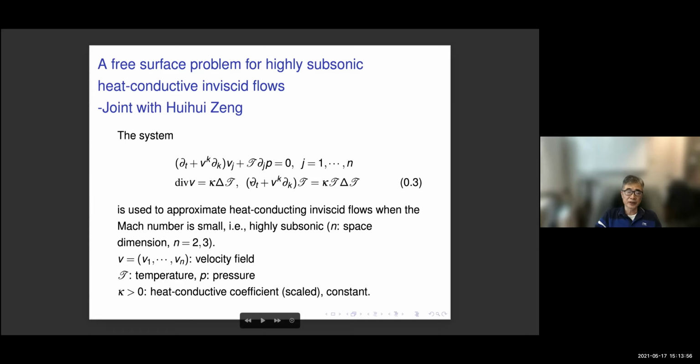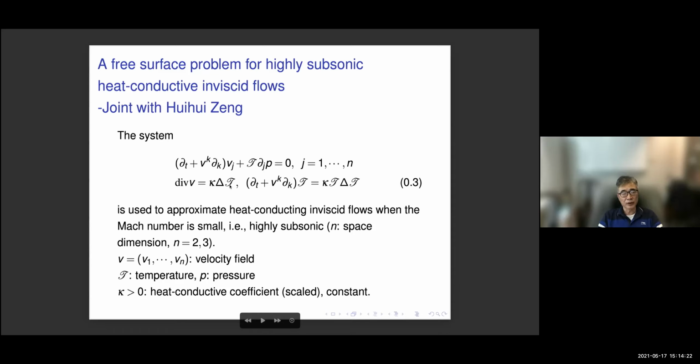Therefore, we look at this system here. If this kappa is 0, if the system is without the heat conductivity, then we have div v is 0. Then in that case, it is reduced to the incompressible Euler equation. Or another case is when this temperature is constant, then we also have div v is 0.